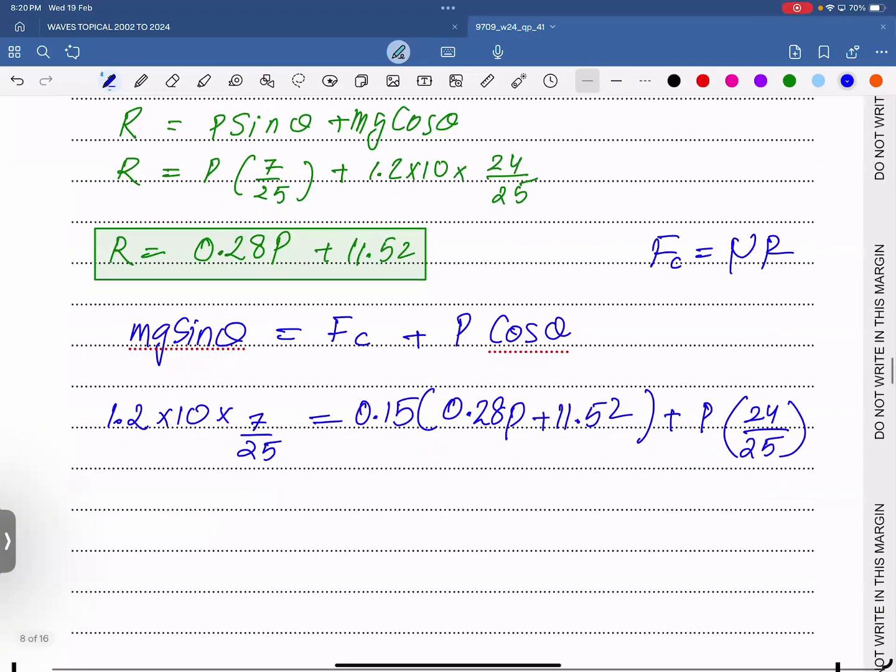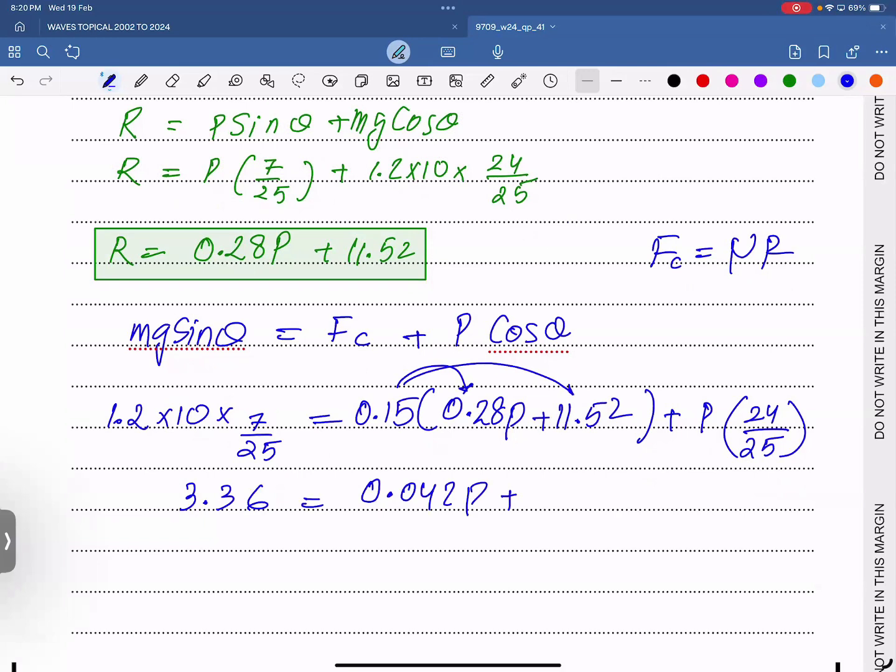Can you give me the left hand side, Akram? 12 times 7/25, 3.36. Okay, 0.15 times this P, 0.15 times 11.52, 1.728, 24/25, 0.96P.